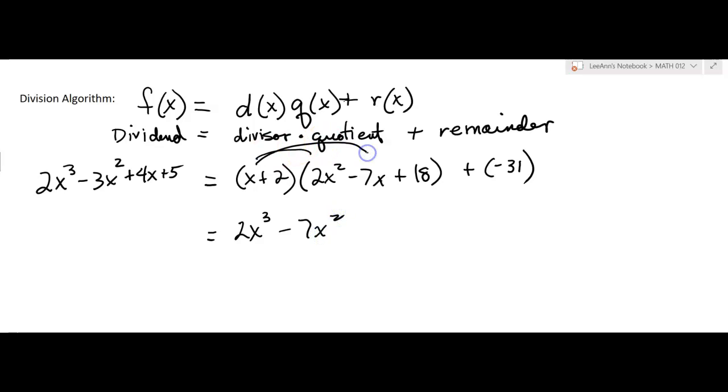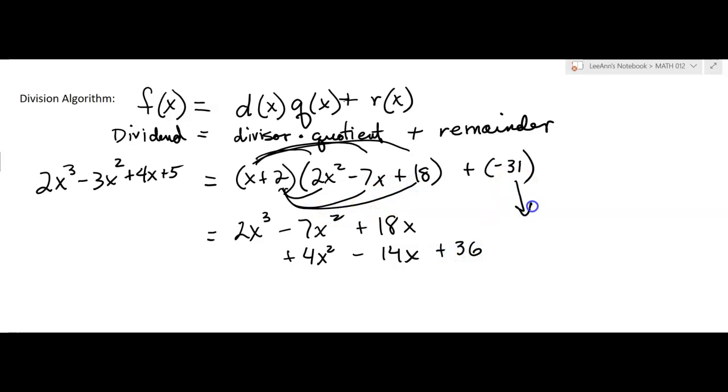So I'm multiplying here, I'm distributing, plus 18x. And then I'm going to have 2 times 2x squared, which is a positive 4x squared. I have a negative 14x. I have a 36. And then I also still have that minus 31.